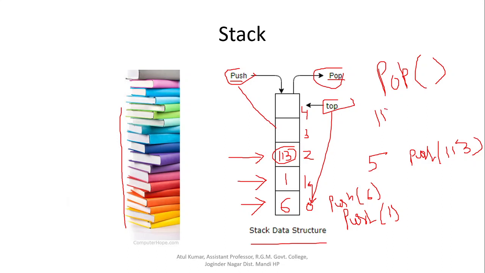So the result of pop is 113, and now the top is decremented, and the stack pointer points to position 1, and the item at stack position 1 is 1. So this is all about stack.